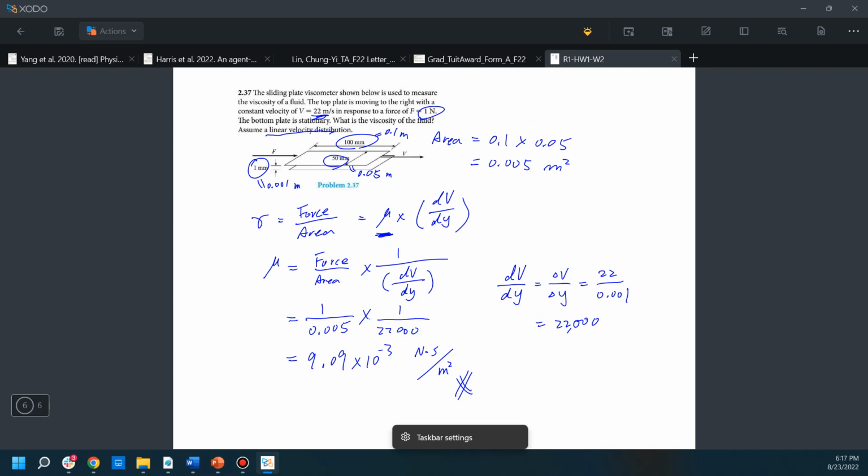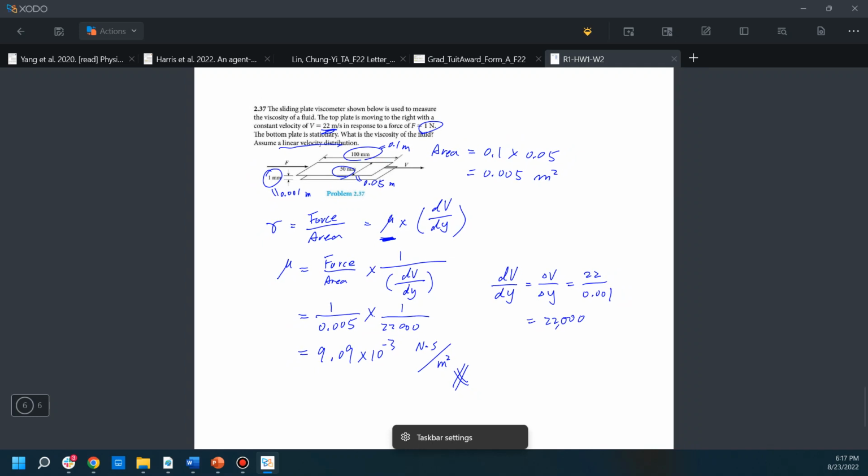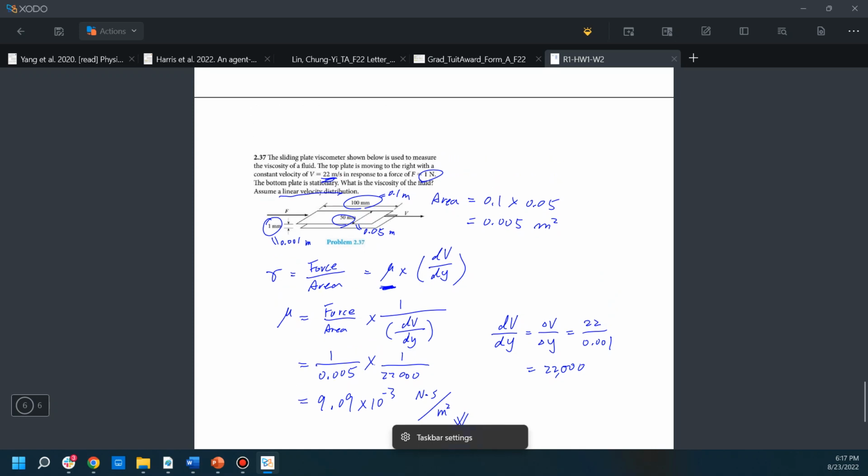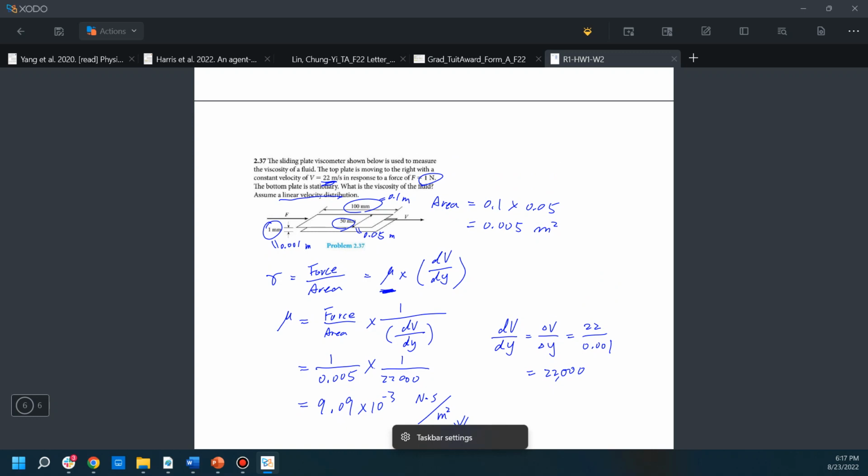And just a quick heads up for the quiz that we will have during our in-person recitation. The quiz will be one question that is similar to one of the problems that we have in this homework. Maybe I will change some numbers in the problem or just make a simple modification from one of these problems.